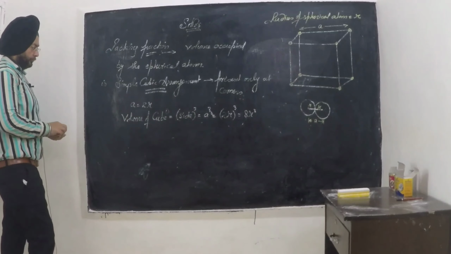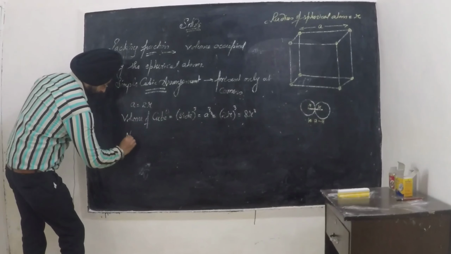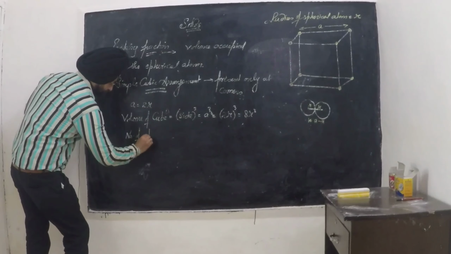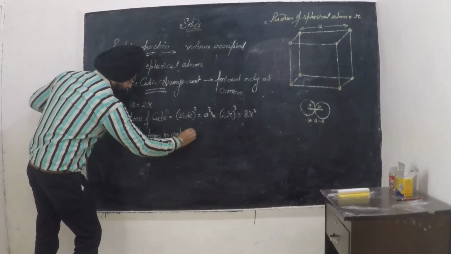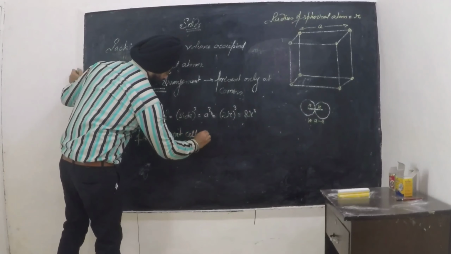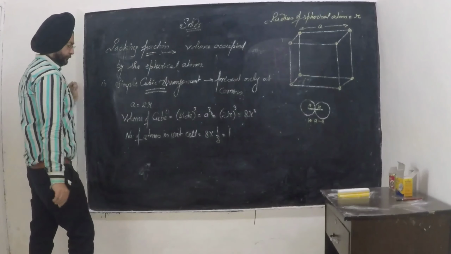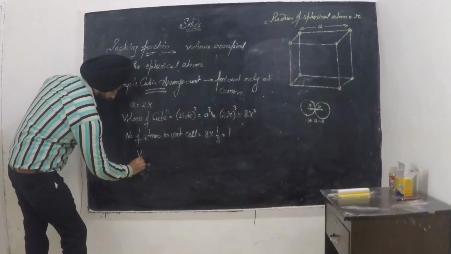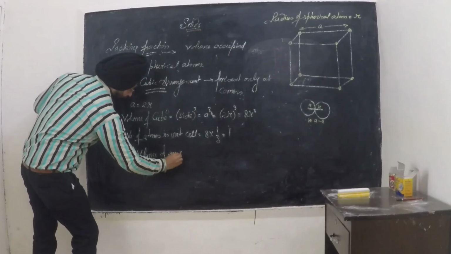Now the number of atoms in unit cell. As the atoms are present all in the corners, 8 into 1 by 8 will be equal to 1.